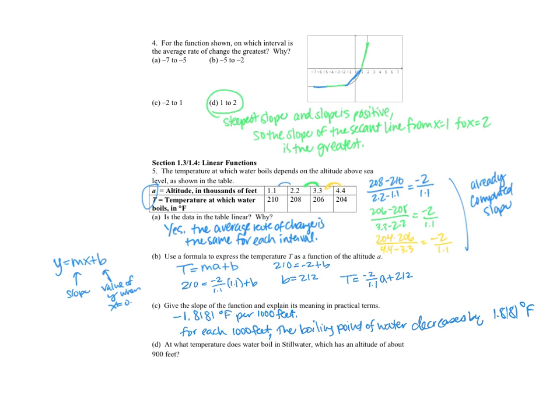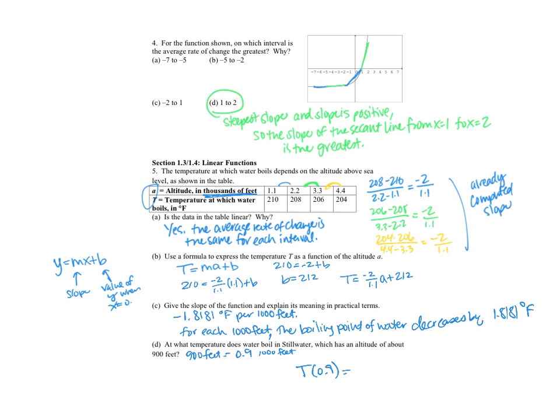Okay, at what temperature does the water boil in Stillwater, which has an altitude of about 900 feet? So 900 feet is equal to 0.9 thousand feet. Remember, our units are in thousands of feet. So then our input A is going to be 0.9. So we'll do T of 0.9. I want to find the temperature when the altitude is 0.9 thousand feet.